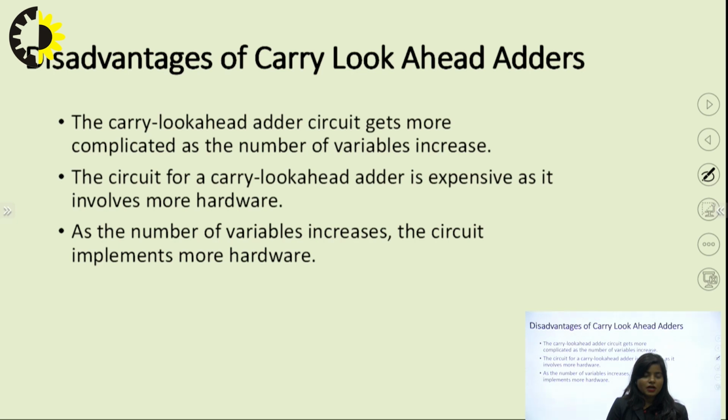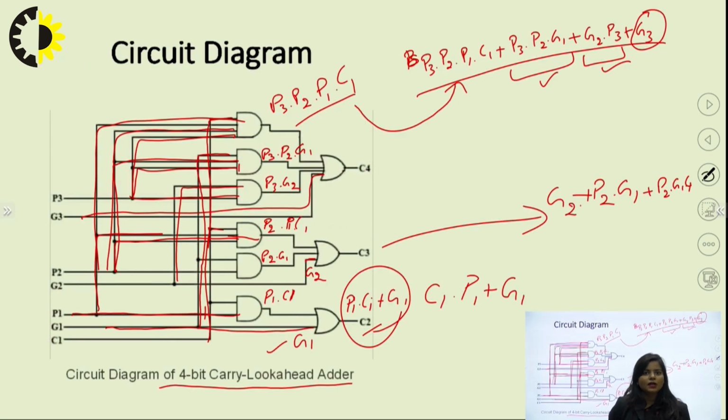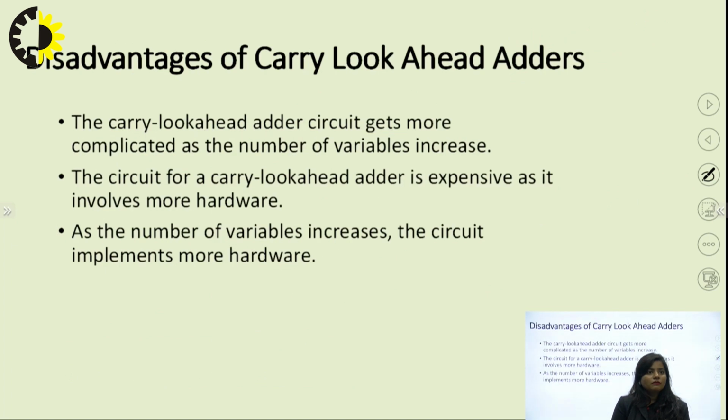Now we also have some disadvantages of the carry look ahead adder. The circuit gets more complicated as the number of variables increases. You have seen earlier, we drew a very complex diagram when we had only 4 input pins. So what will happen if we increase the number of variables? The diagram will be more complicated, and it will be harder to implement the whole circuit.